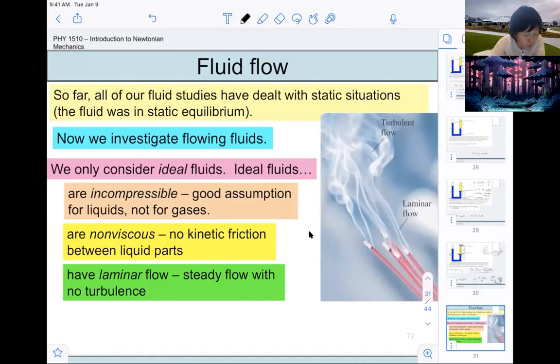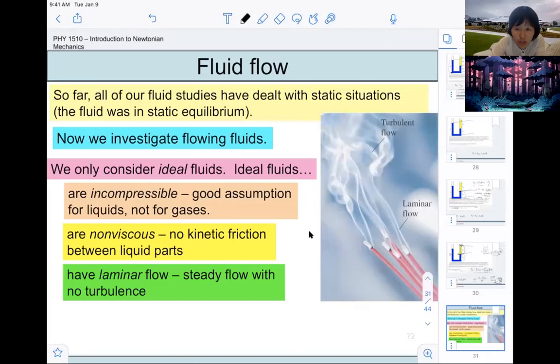what's going on. So of course we consider something called ideal fluids. What I mean by ideal is that they are incompressible. Liquids are a good model for ideal fluids, but gases are not ideal fluids because they're compressible. Also, ideal fluids are non-viscous, which means there's no kinetic friction between the liquid parts.